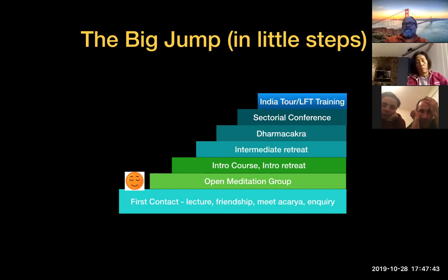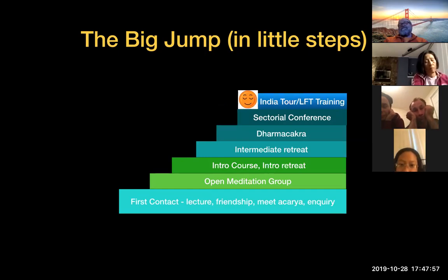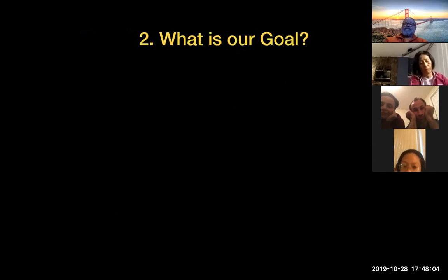And there's a series of those. After coming to that for a while, they might go through an introductory course or come to an introductory retreat, and they might come to an intermediate retreat, they might come to Dharma Chakra and come to our winter bliss or summer bliss retreat, and maybe go to LFT training or go on this tour of India that Dada Kripa Sundrananda leads every year, and then they live happily ever after.